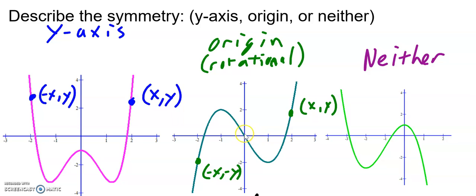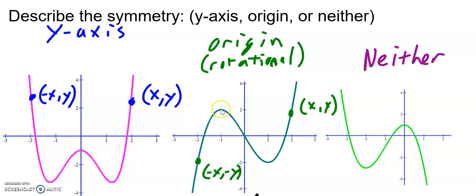And so if I picture the origin as like a pivot point, right? If I take any point on the graph and I call that point x, y, if I rotate that point around the origin 180 degrees, I should end up at some point negative x, negative y, or opposite of x, opposite of y, because I don't have to have a positive value, right?